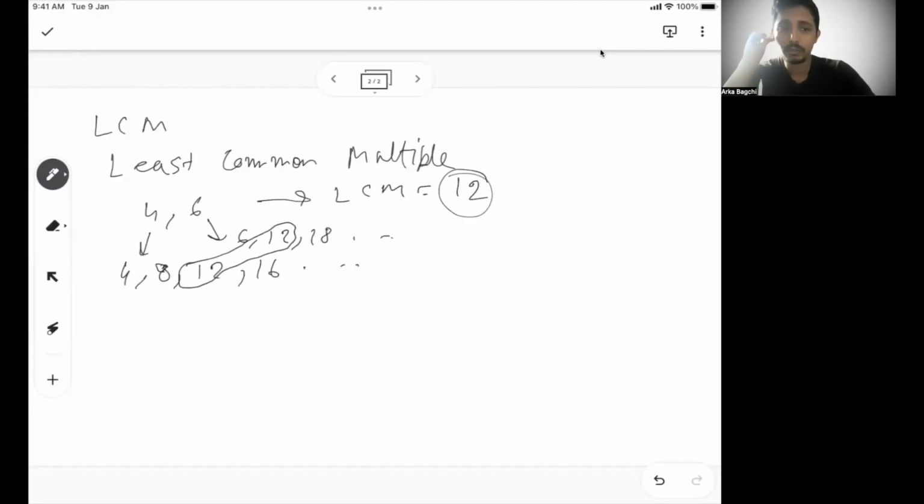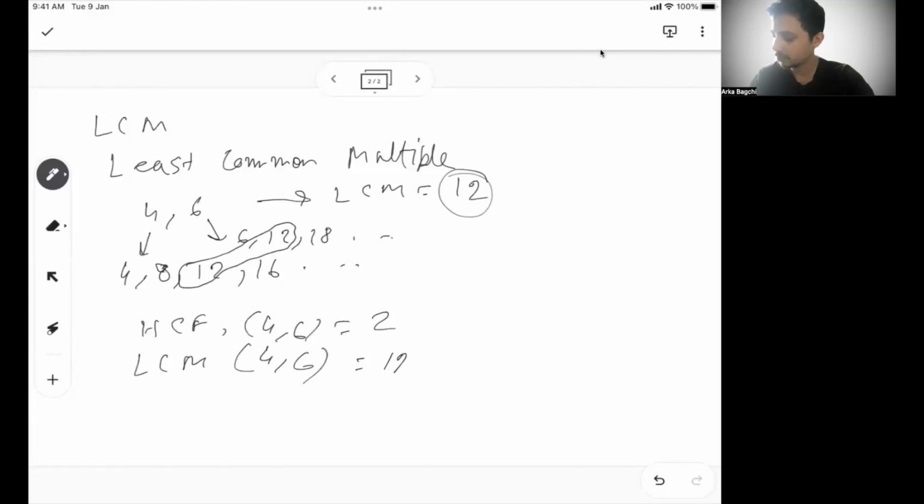So what we understood: HCF of 4 and 6 is 2, LCM of 4 and 6 is 12, right? So this is what we got.